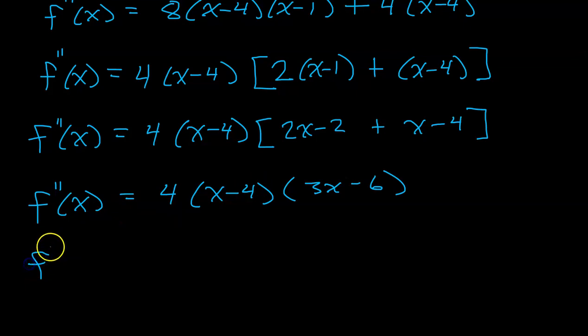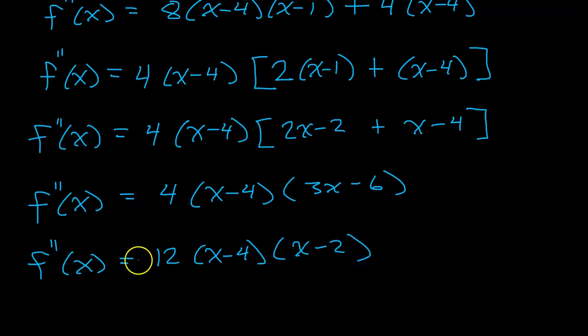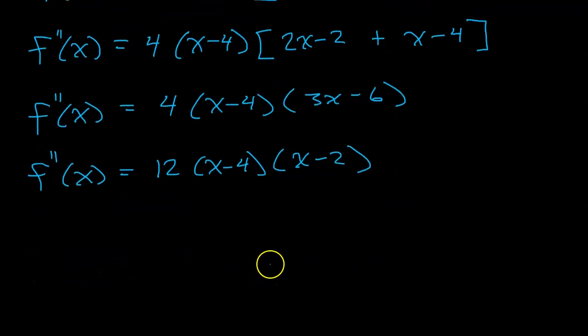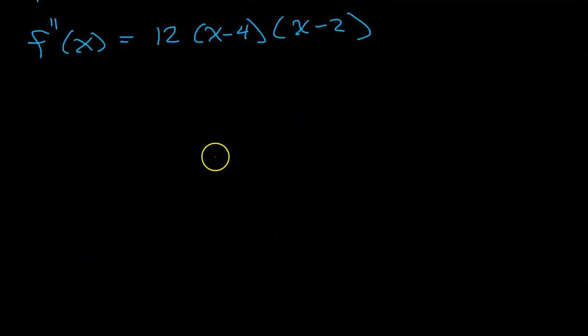So I'm going to have f double prime of x is equal to 12, and dividing this by 3 will give me x minus 2. So this is the factored form of the second derivative. So we need to find the values of the possible points of inflection, similar to the critical numbers of the first derivative test. So we will find these possible points of inflection by setting the second derivative equal to 0.